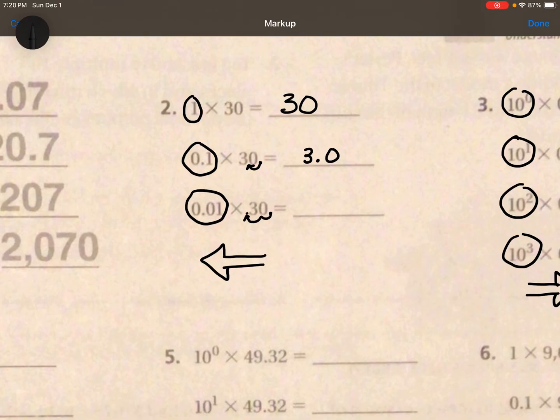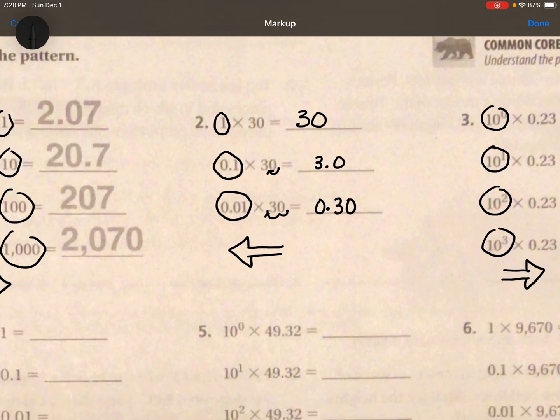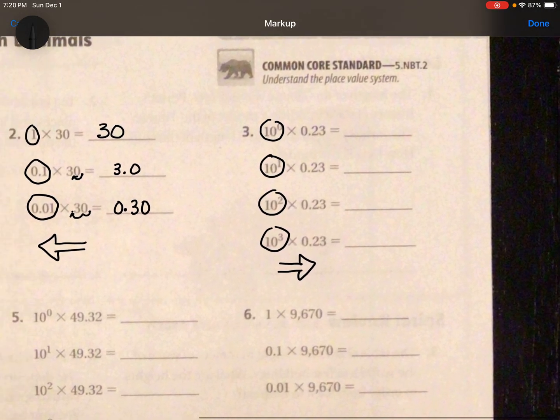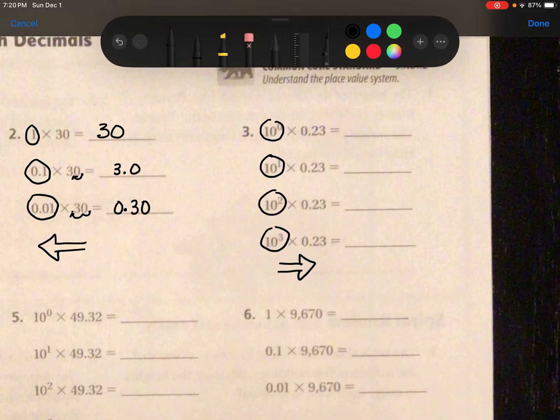For number 2, we're going to be moving it 1/100th, so that's 2 tens. So we're going to move it 2 spots to the left, and it becomes 0.30. So it went from 30 to 30 hundredths.